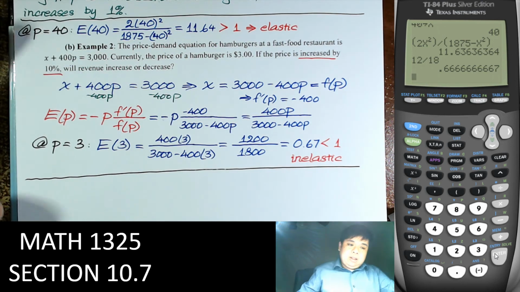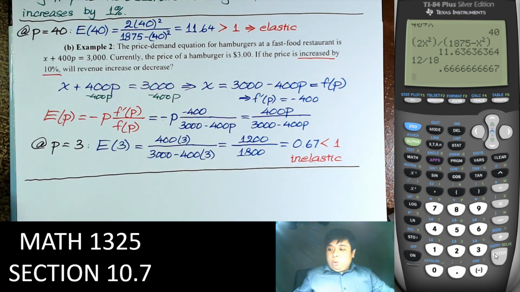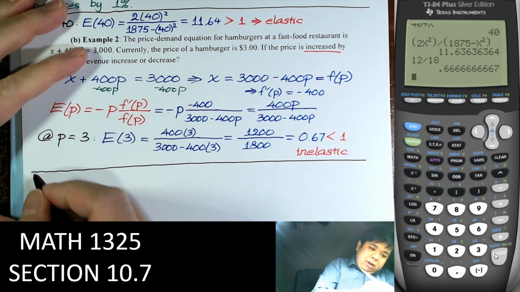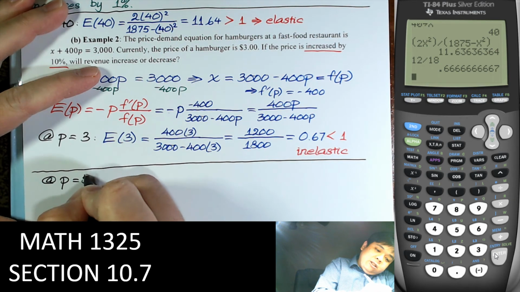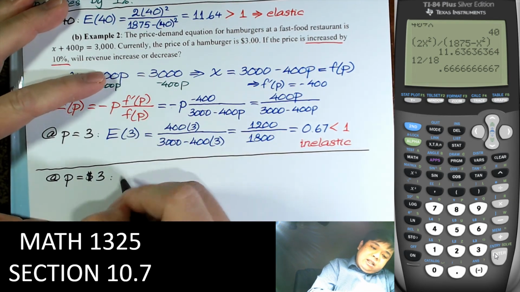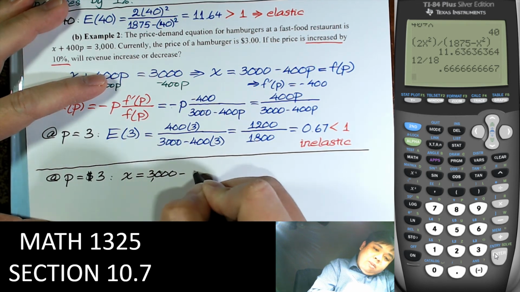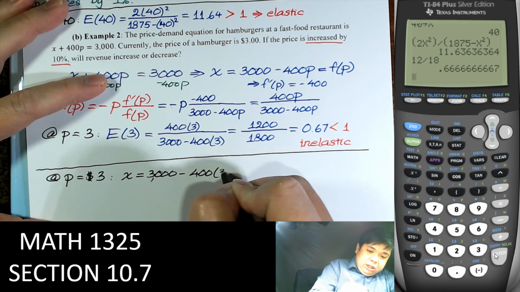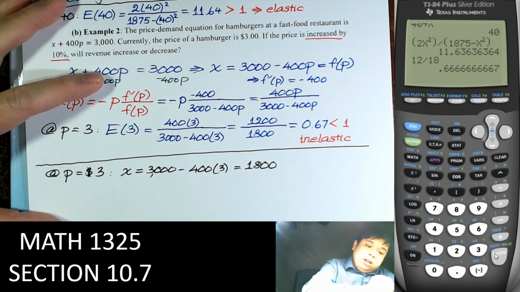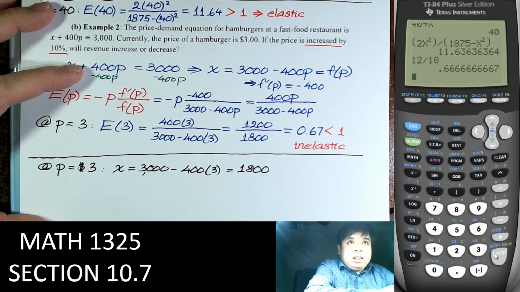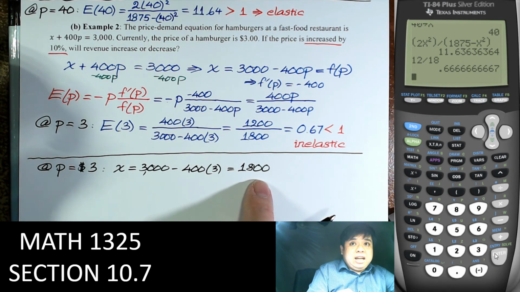Well, X is the quantity demanded and P is the price. So we can say at P equal to $3, X equals 3000 minus 400 times 3, and that is 1800, meaning that at $3 the demand is 1800.